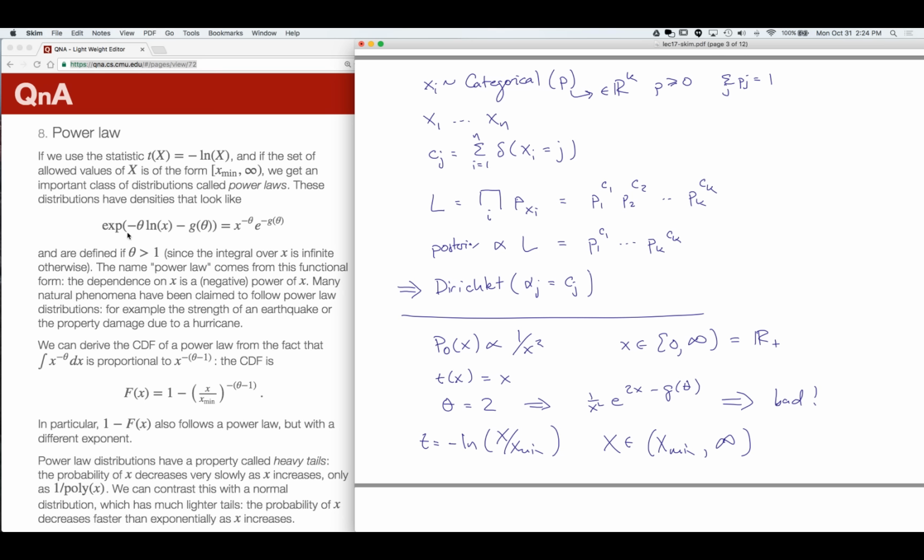So e to the minus theta log x is the same as x to the minus theta, and this is a constant with respect to x. So you'll get a distribution where the density decreases as a power of x, the minus theta power of x. And so the name power law comes from that.